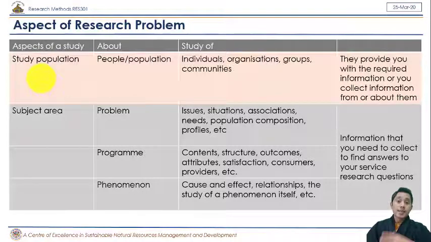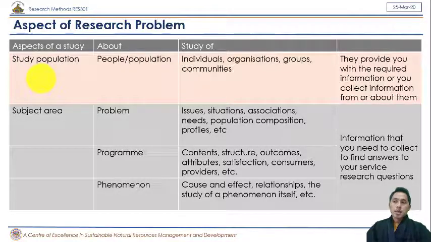Let's say again, let's get back to the lichen. So lichen, let's say the diversity and distribution of lichen in Wangdi district. Right now the study population is lichen, and the subject area is diversity and distribution in Wangdi.